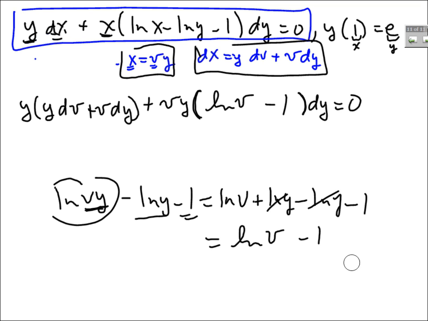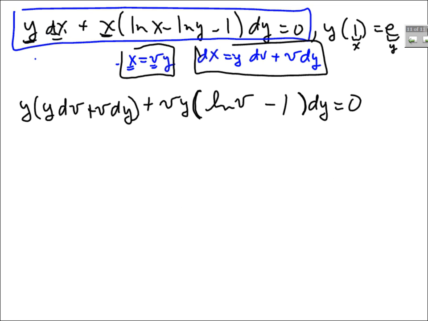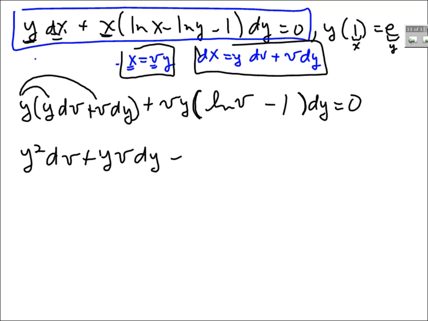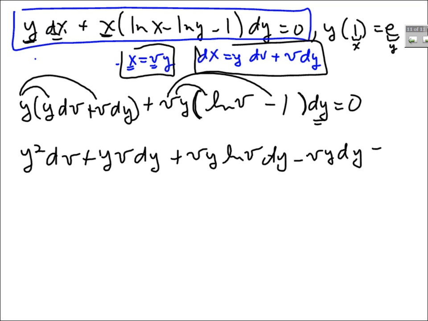Let's distribute over here. We get y squared dv plus yv dy plus vy ln of v dy minus vy dy. This is 0.